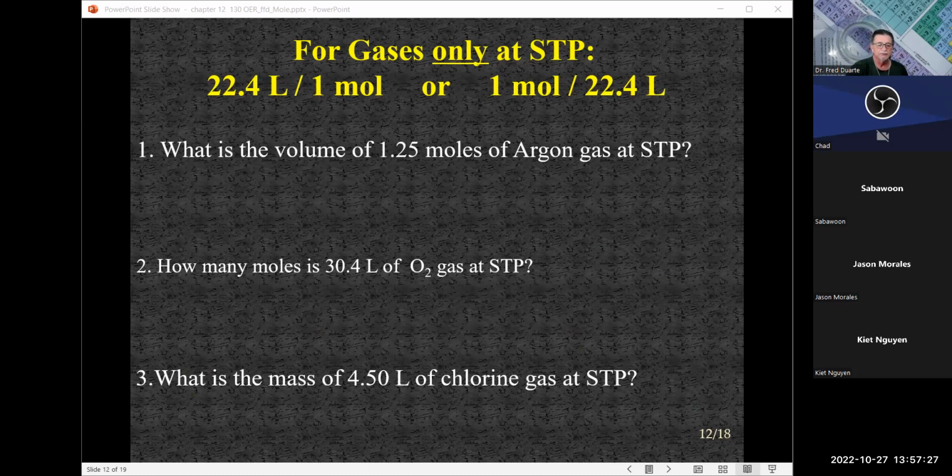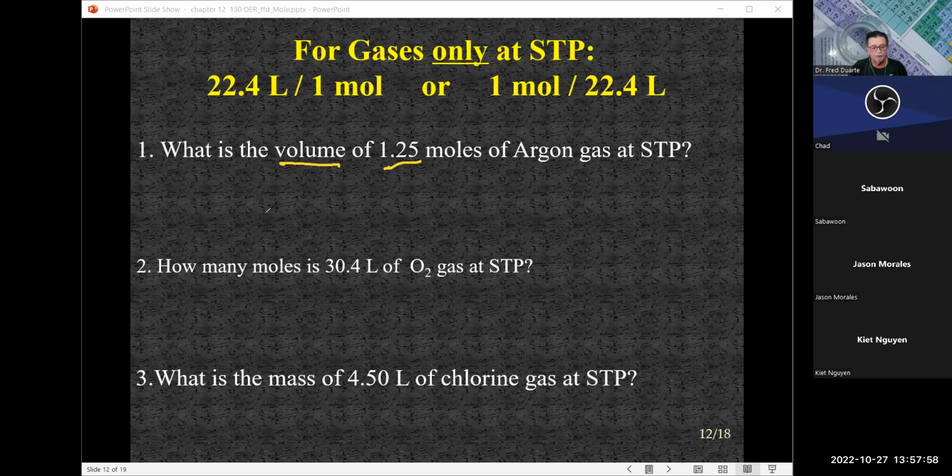All right, and so you see that our relationship is 22.4 liters per 1 mole, and you're being told 1.25 moles. It's over 1 mole, so the volume should be greater than the 22.4. So it's 22.4 plus a quarter more, based on the problem that you're given here.